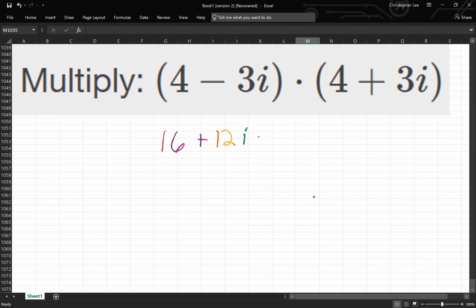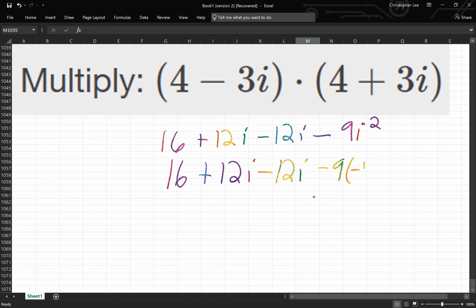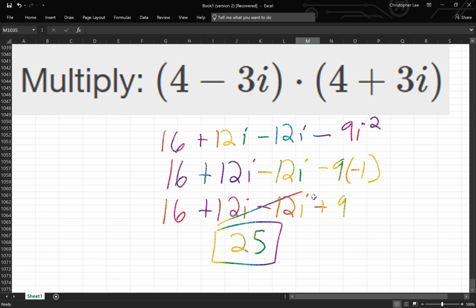Negative 3i times 4 is negative 12i. Negative 3i times positive 3i, what's that? Negative 9i squared. And we're going to have 16 plus 12i minus 12i minus 9 times negative 1. So what does this become? 16 plus 12i minus 12i plus 9. Let's combine like terms. These cancel out. So 16 plus 9, what's that? 25. And that's it.